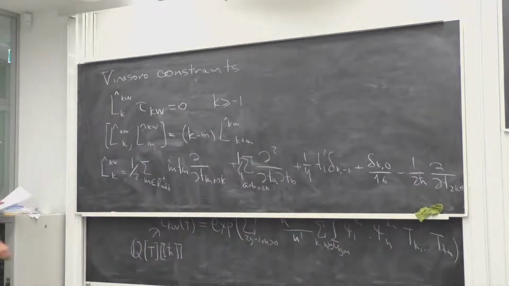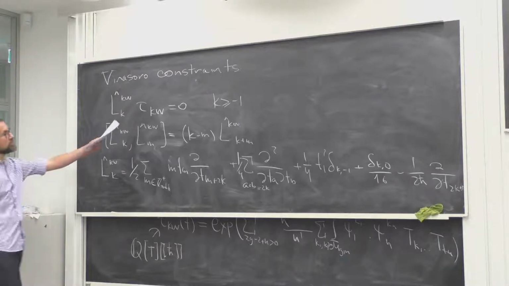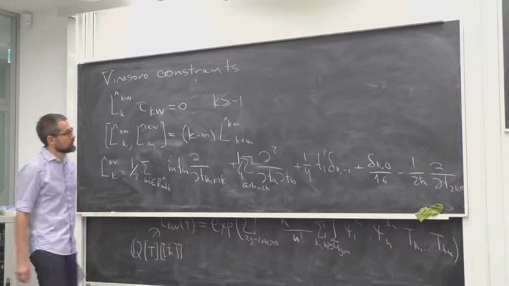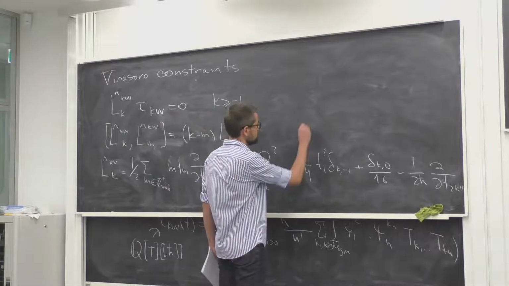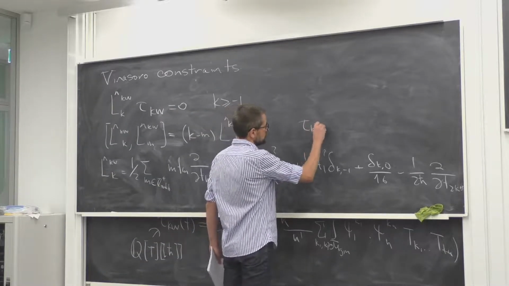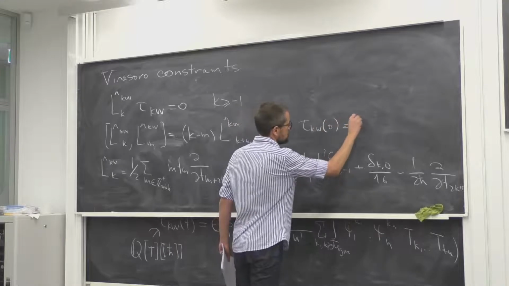So we have this system of linear equations, and it appears that this system has a unique solution up to normalization. So there is a unique function that satisfies these equations, and such that its value at 0 is 1.